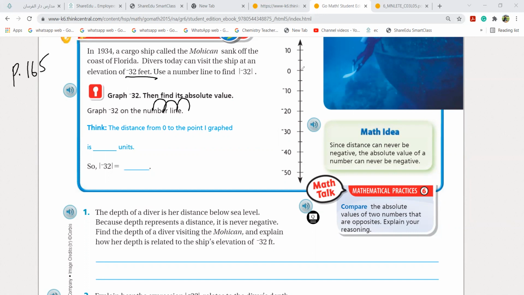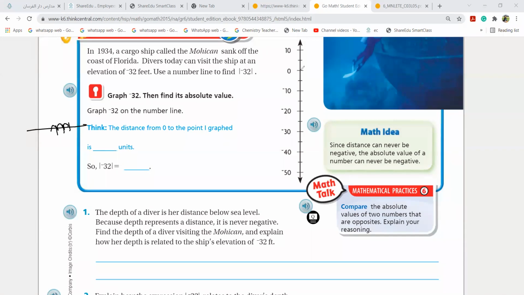It's the same thing. Of course, they will just move 32 units. Don't count this. You have to just take out the negative.